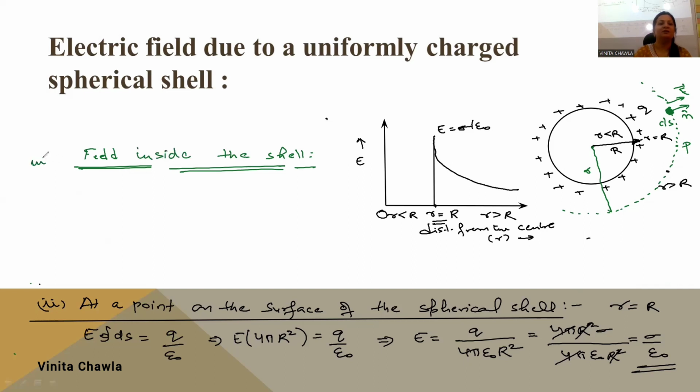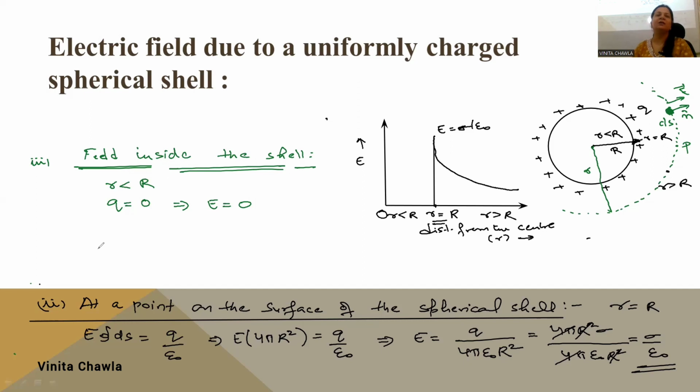How will we find field inside the shell? Inside the shell means when r is less than capital R. Is there any charge inside the spherical shell? No, there is no charge. No charge implies no electric field. चार्ज ही नहीं है तो इलेक्ट्रिक फील्ड कैसे होगा? ठीक है? No charge means no electric field is there. So electric field intensity is 0 inside the spherical shell.